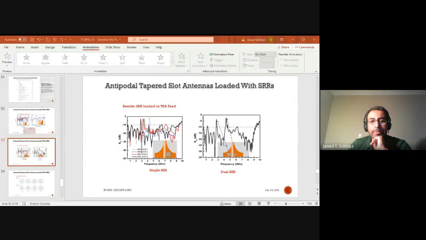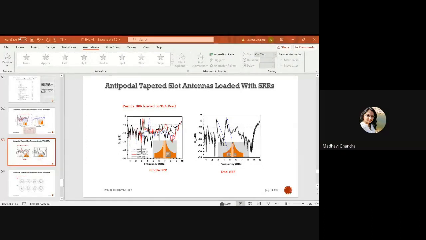Yes, go ahead. Sir, I have another question also, sir. If I have one antenna which is dual linearly polarized, suppose a horn antenna which is having two feeds, sir, and a square waveguide kind of structure, in that case, if I want to filter out some frequency for both the polarizations, then how do I place this SRR, sir?